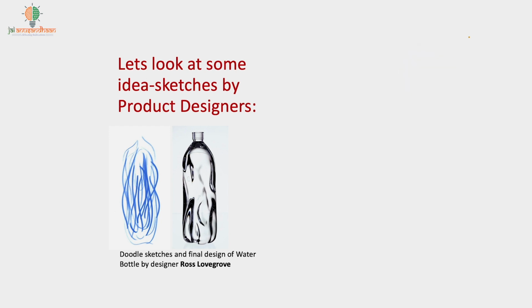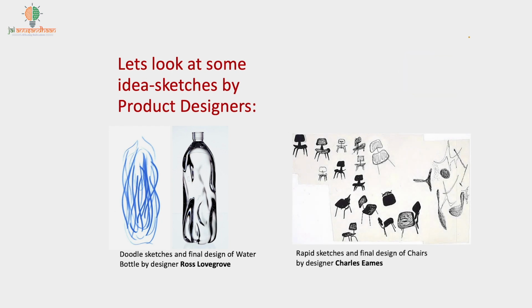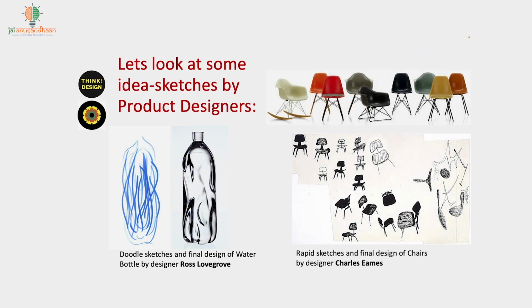And Charles Eames is again a very famous designer. He's the one who did the India Report, through which the design institutes in our country got set up. These are his very rapid sketches for the final design of chairs, known as Eames chairs. You can see how rough the sketch is, just to give an ideation.